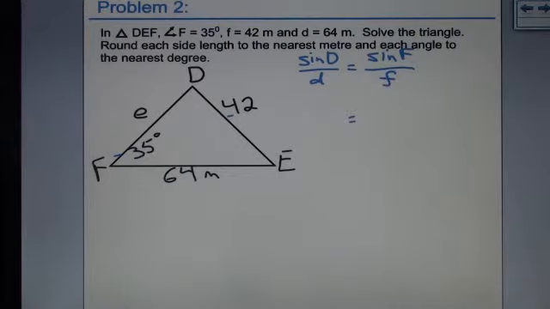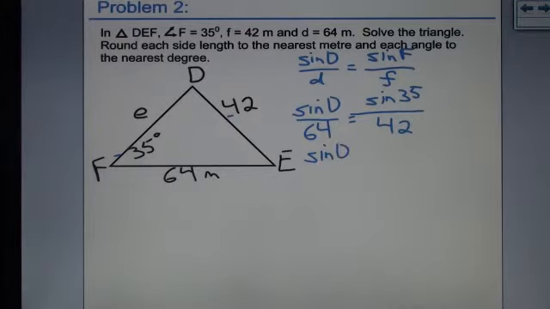Well, sine D would remain sine D. d is 64 meters. Sine F would be the sine 35 over f, which is 42. So I get sine D over 64.